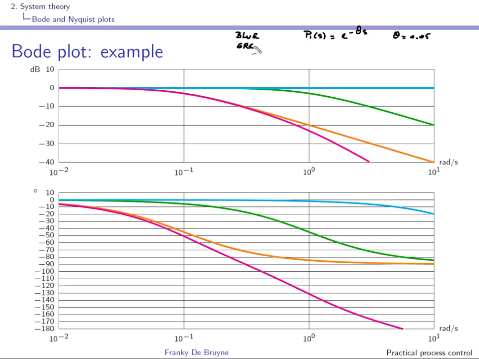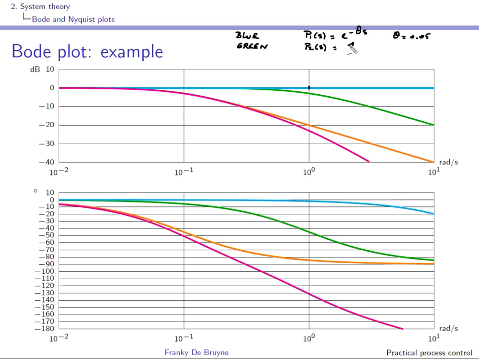In green, you should really recognize the Bode diagram of a first order system. This first order system has a cutoff frequency of 1 radian per second, so 1 over the time constant is 1 radian per second. So this will be a first order system with a gain of 1, because in the low frequencies you have a static gain of 1.